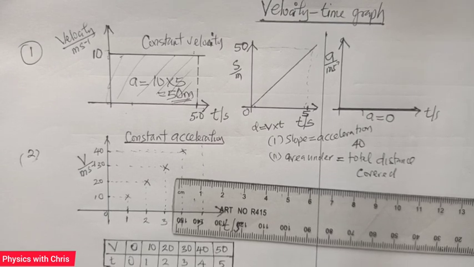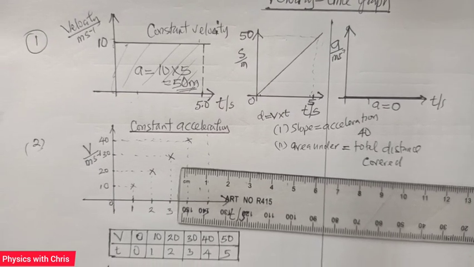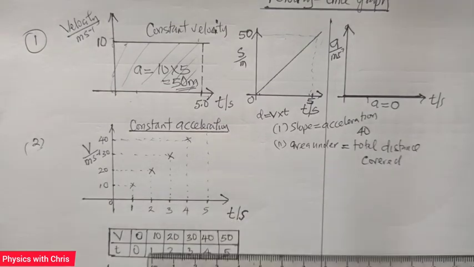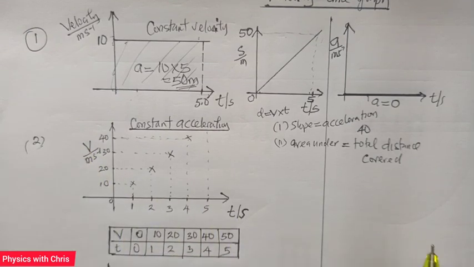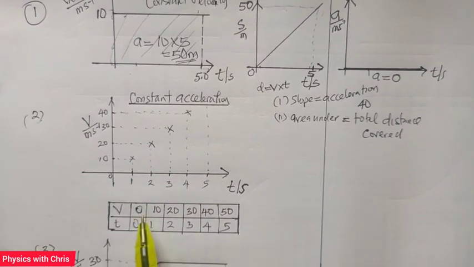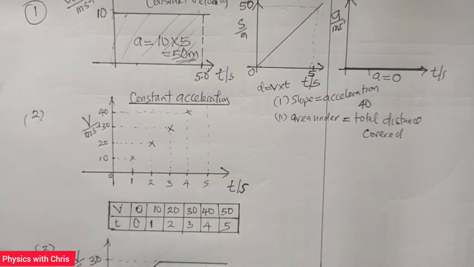Okay, so now let's look at the second graph. We want to draw the graph of constant acceleration, number one, on a velocity time graph. Let's say from this table you are given the variation of the velocity of a body against the time taken. At 0 seconds, the velocity is 0. After 1 second, the velocity is 10.